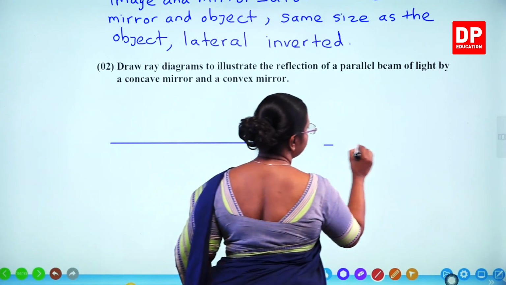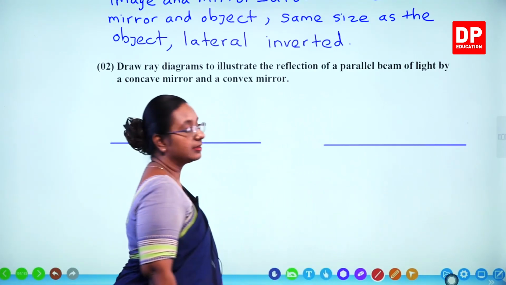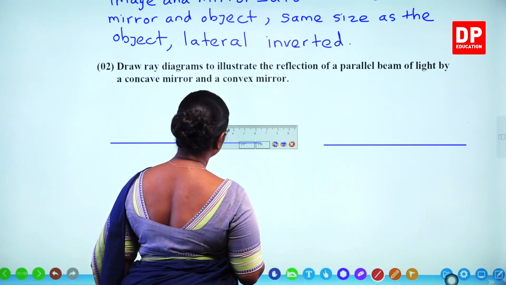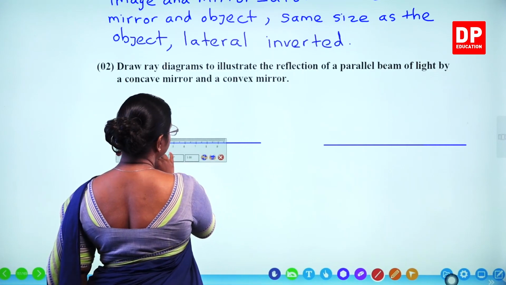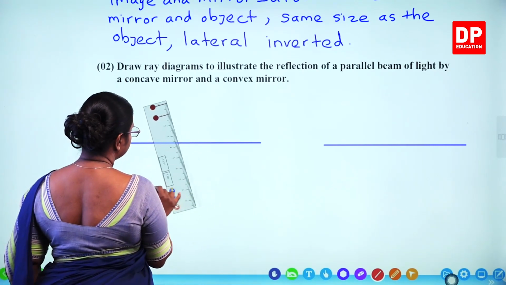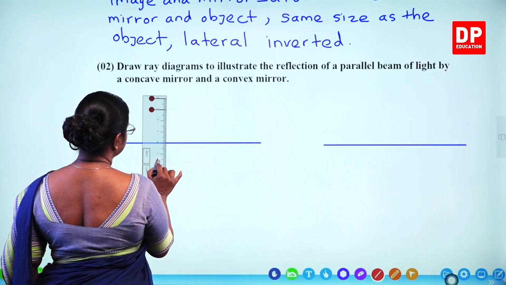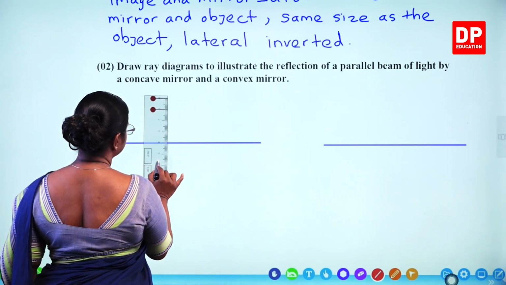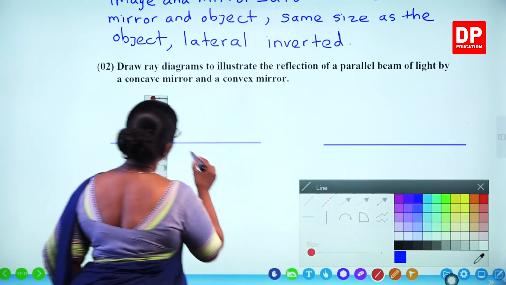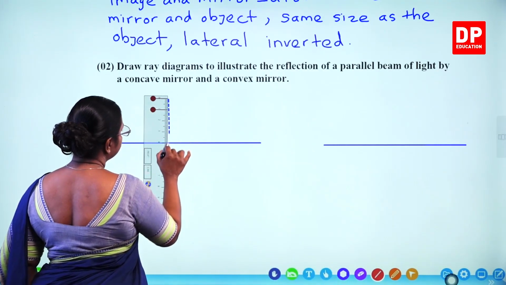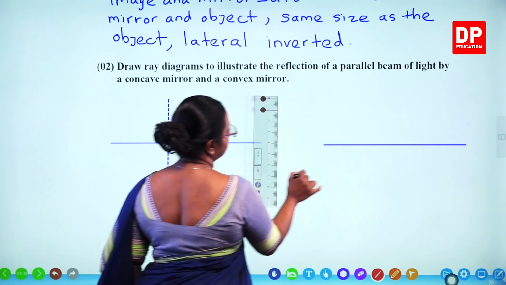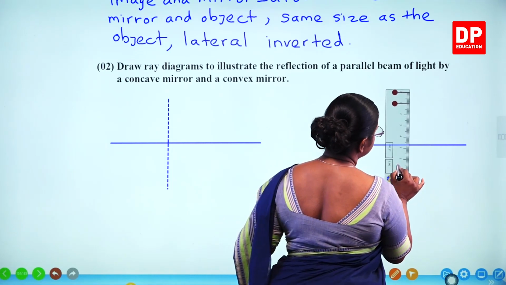One for this one and one for the other. Now let's use a ruler there to mark, so this line is to denote the two mirrors.